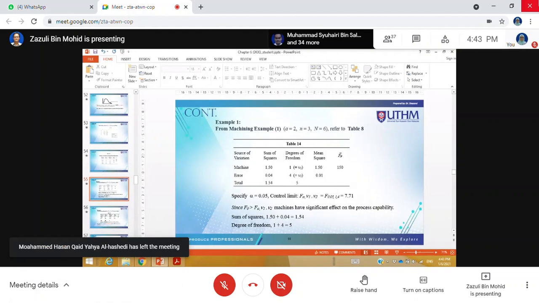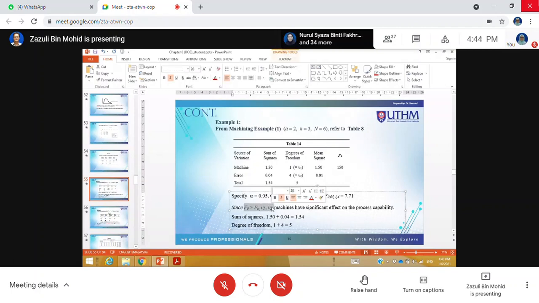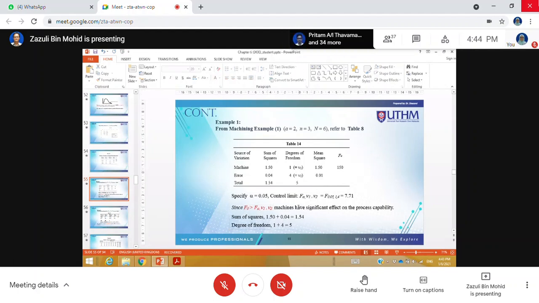We have the F0 is 150, and if we look on the F alpha, v1, v2, F0.05, 1, 4 is 7.71. Okay, so from this value we can see that the F0 is larger than the F in the table. So it means that the machines have significant effect on the process capability.